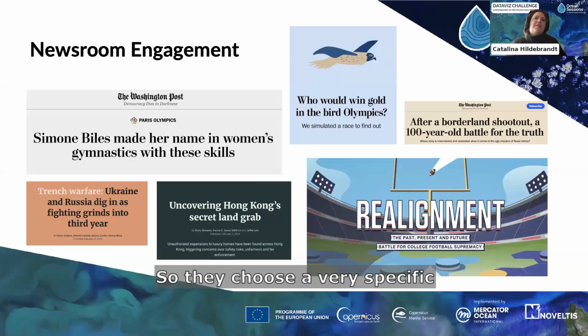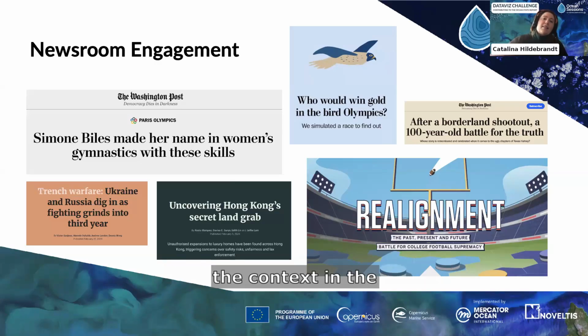So they chose a very specific narrative to talk about birds, in a context where the whole world was talking about the Olympics, and they used it. I think that is always very good for a narrative, when we connect things from the context of the time we are living in to deliver data that maybe are not related at all.